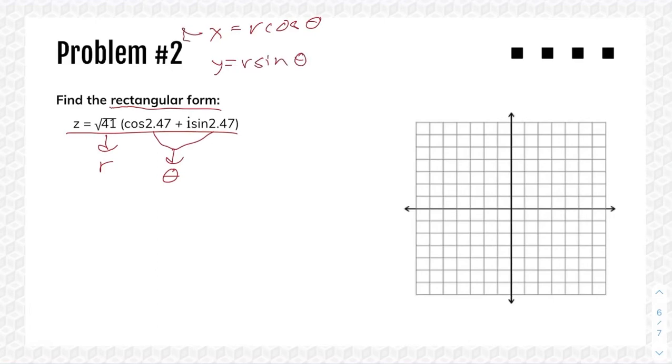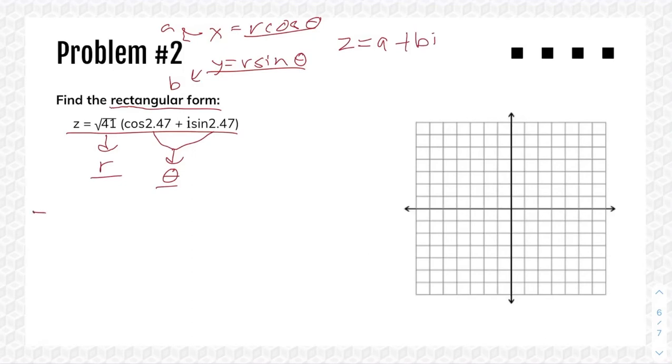Of course, x represents a and y represents b. So if we just plug these numbers into these two equations, we could get a and b. From a and b, we will then connect it to our rectangular form equation, which is z equals a plus bi.